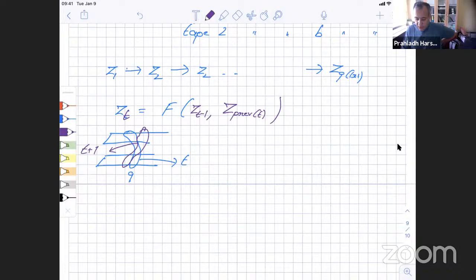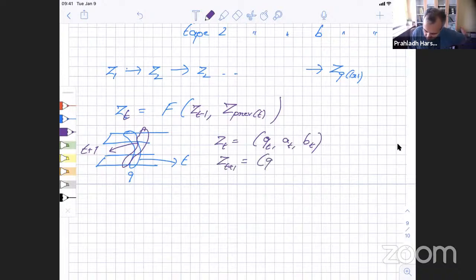So for example, Z_T itself is Q_T, A_T, B_T. Z_{T+1} is Q_{T+1}, A_{T+1}, B_{T+1}. To know Q_{T+1}, you need Q_T, A_T, B_T. This delta will tell you this.